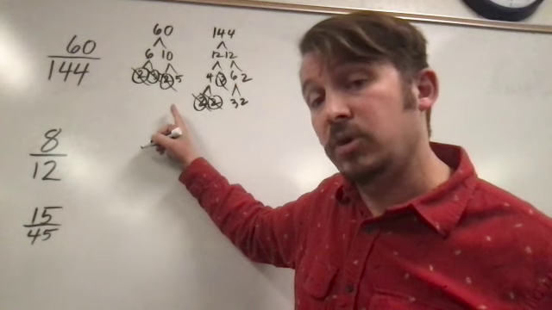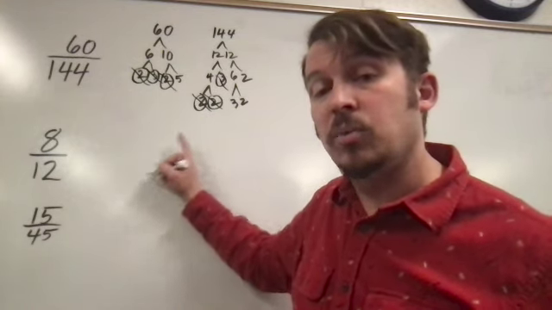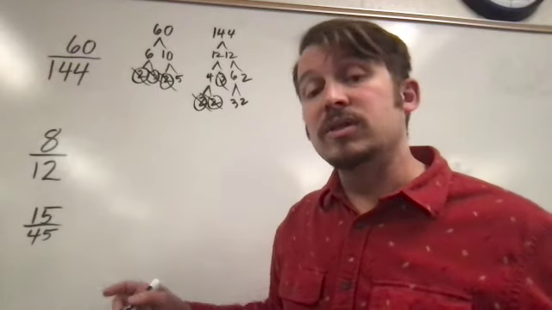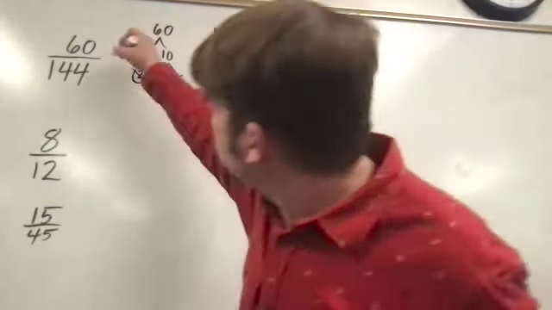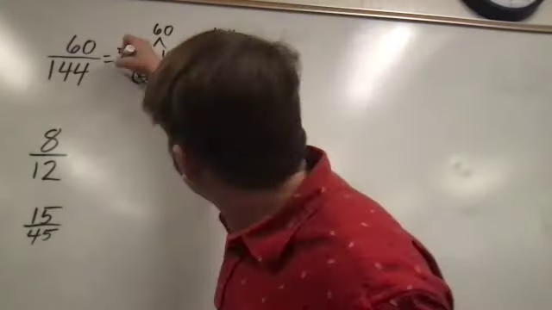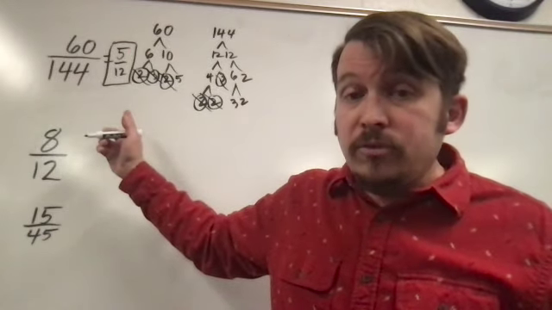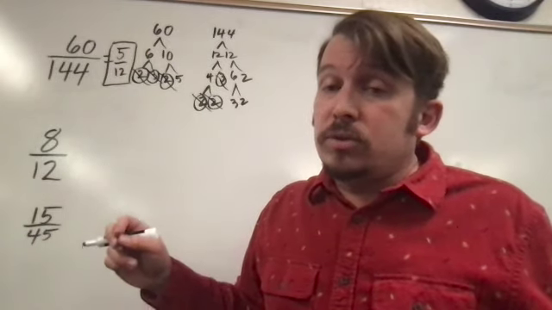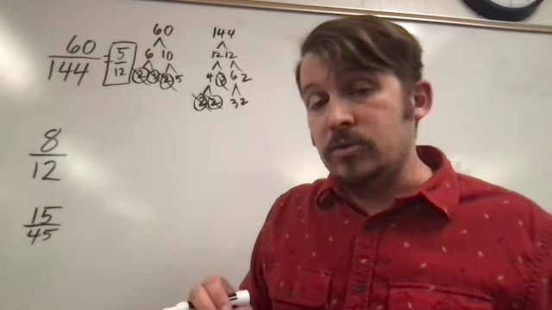That must be what we reduced to, because there's nothing on the other part that we can pair with the 5 to get rid of the 5. Let's put it back together. Cool! 5/12. That's now fully reduced, or completely simplified. And that is our final answer.